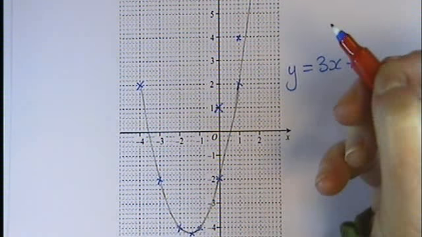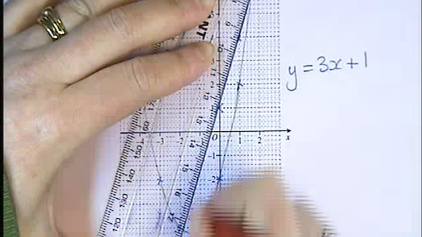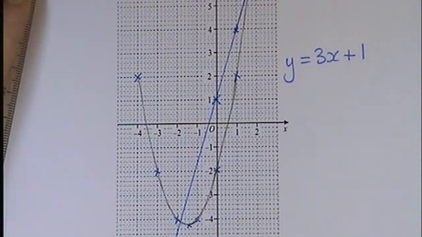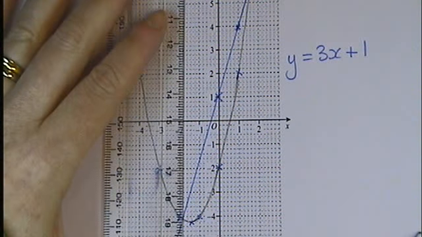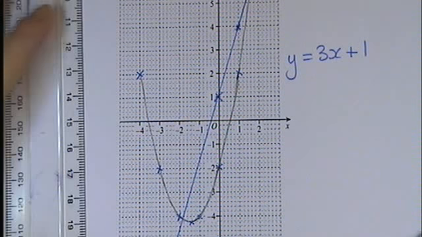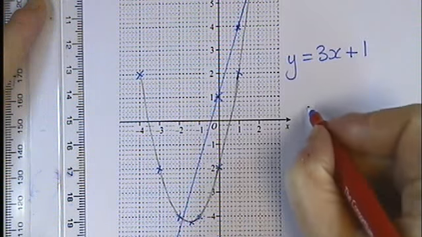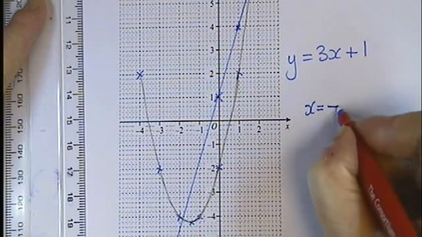So once I have 2 coordinates, I can join those up, extend it along, and you should find that it crosses twice on your curve. And then we're into reading off the values where our curve and our line meet. And again, if any doubt, use your ruler to line it up. So that's about negative 1.8, sorry.